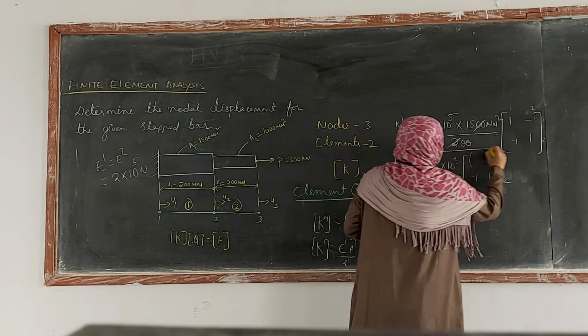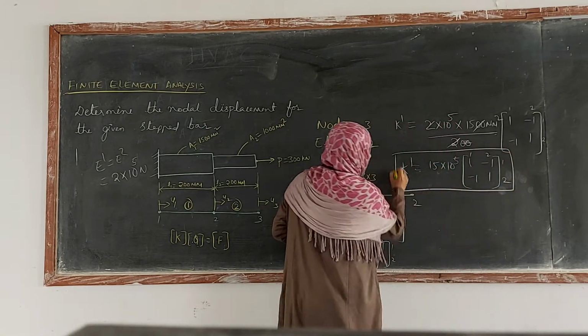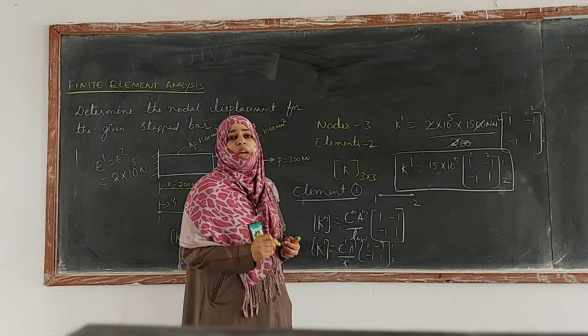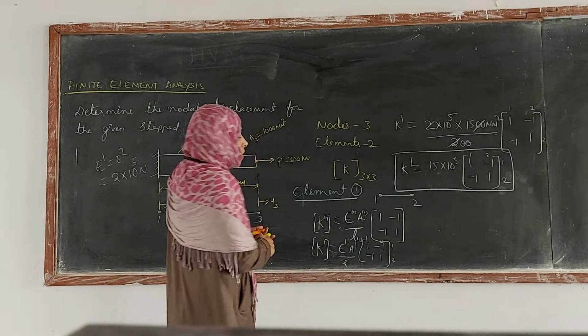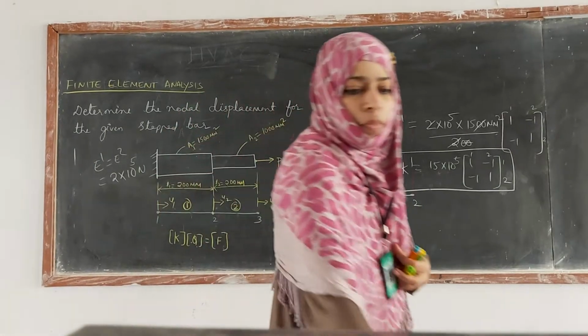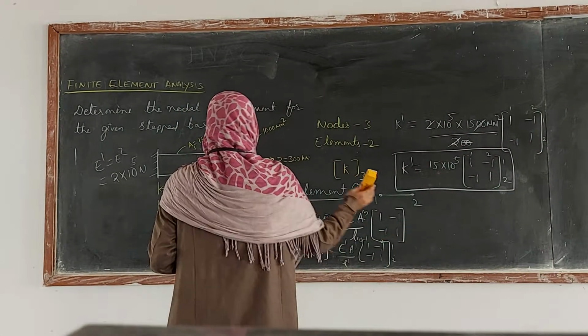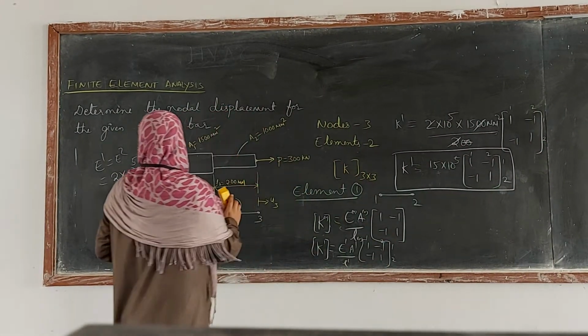This was the element stiffness matrix for the first element. Then we need to calculate the element stiffness matrix of the second element. Next, we will take element 2.